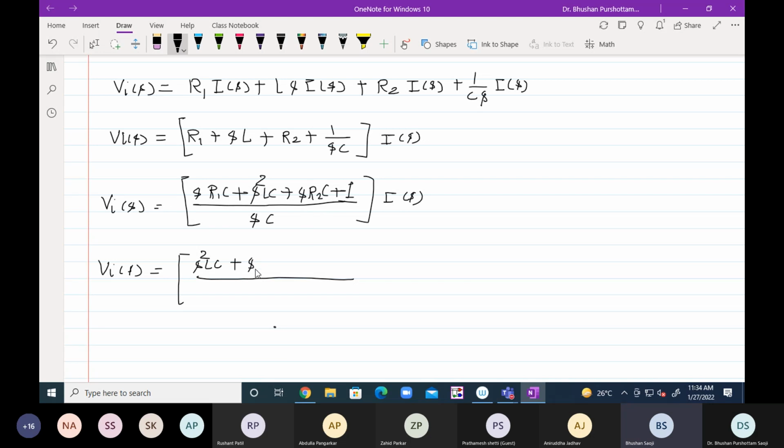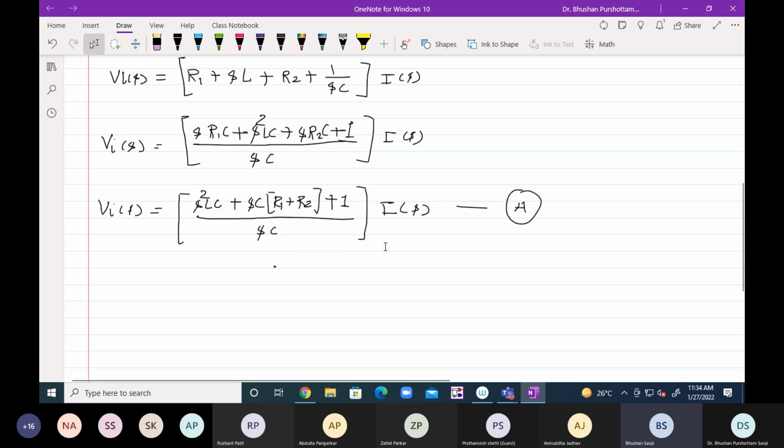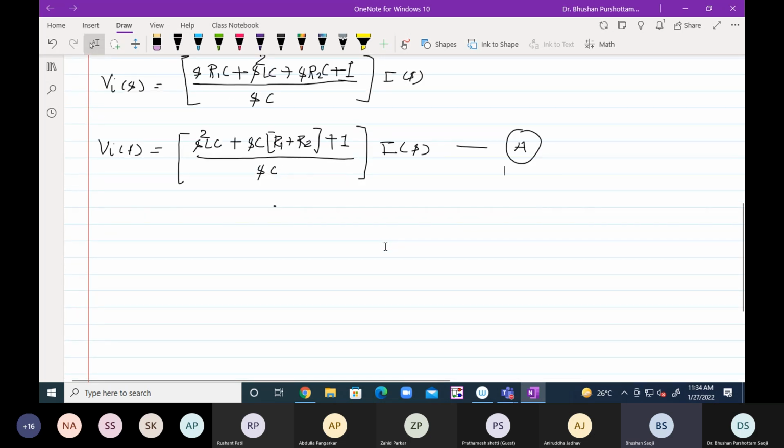In this one we will take SC common, and in the bracket it is R1 plus R2, plus 1 as it is, divided by S into C, bracket complete, multiplied by I of S. So this is our equation number A.